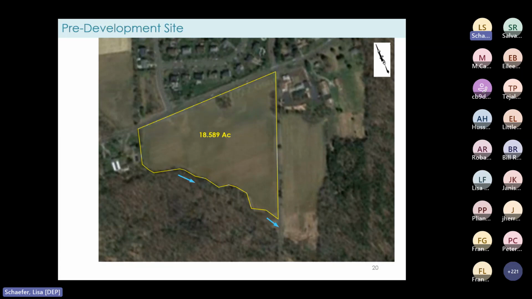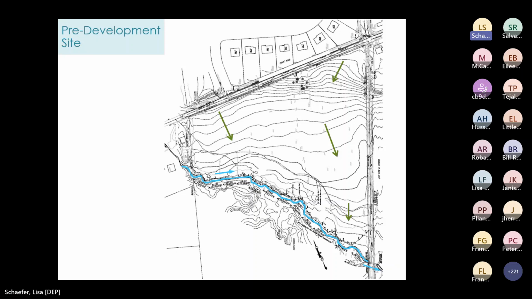The property drains towards the stream, which then flows to the south before crossing under the roadway on the east side of the property via a culvert. And here's a topographic view with some of the wetlands delineation and the 150-foot wetlands and riparian buffers that are shown in some of these dashed lines.